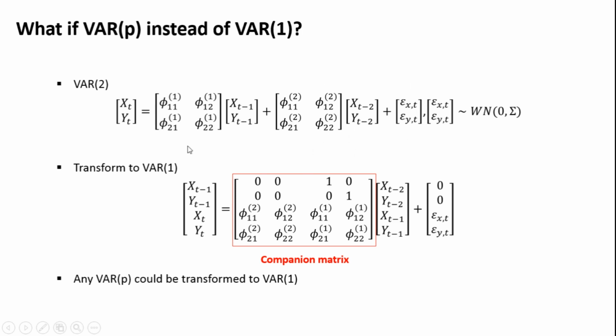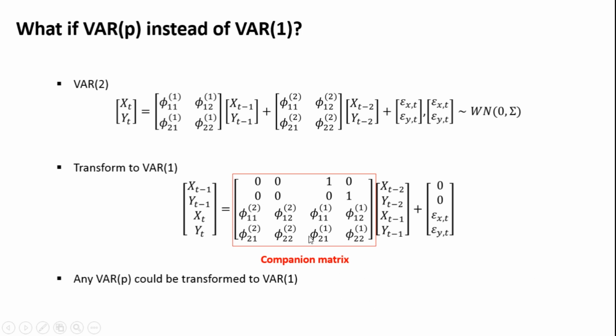So in this situation, we have a VAR 2. If we make a transformation, we can estimate this relationship so that any VAR P can be transformed into a VAR 1.